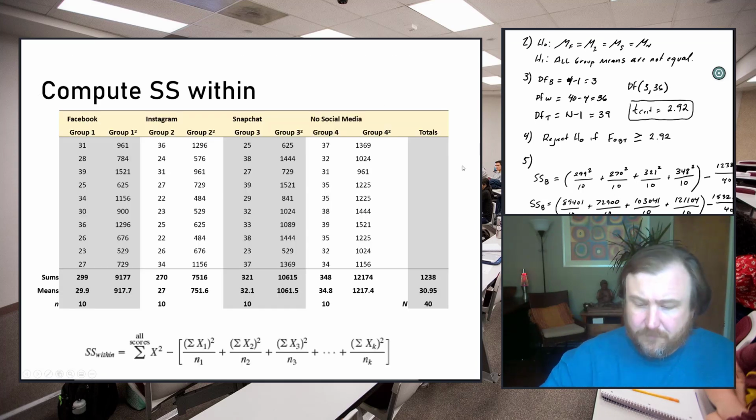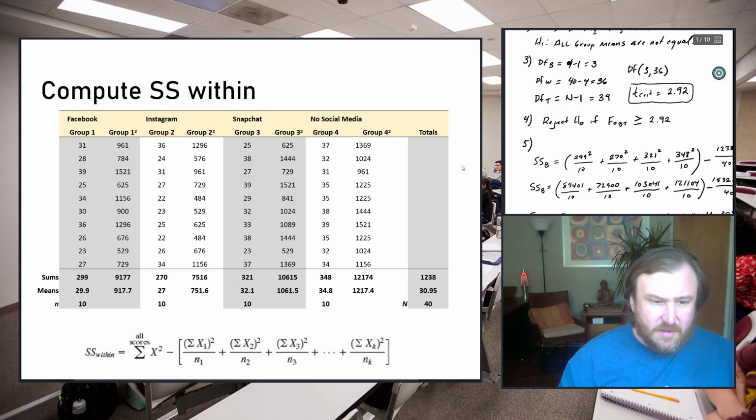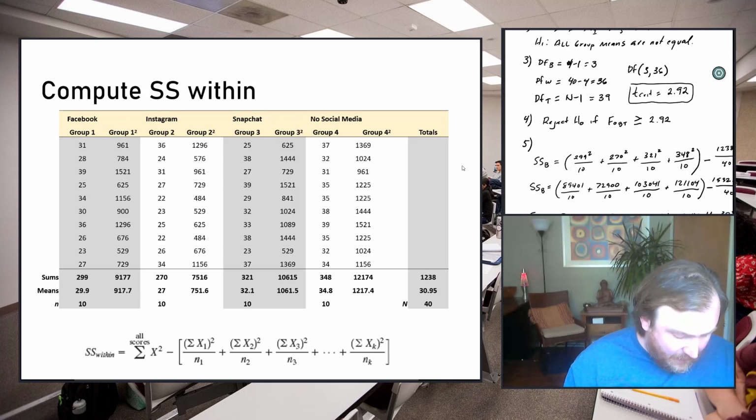So let's plug those values in. So the sum of x squared, we basically need to add up the squared columns. It's going to be 9177 plus 7516 plus 10,615 plus 12174.